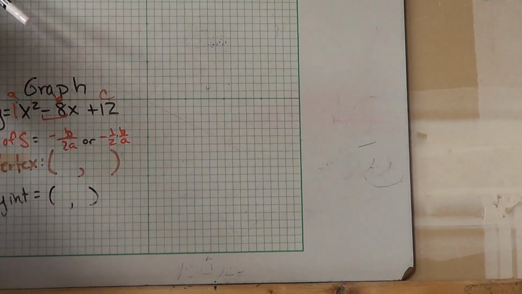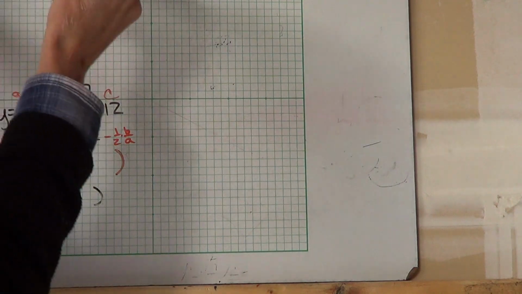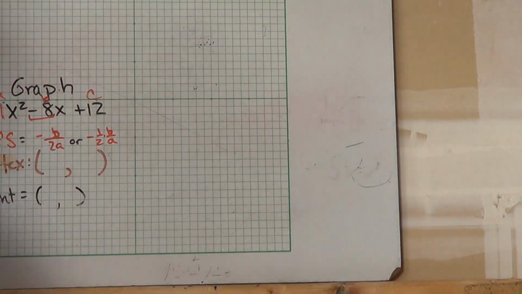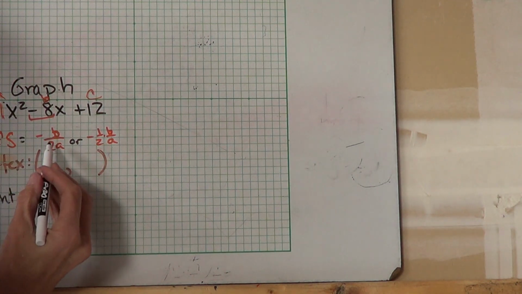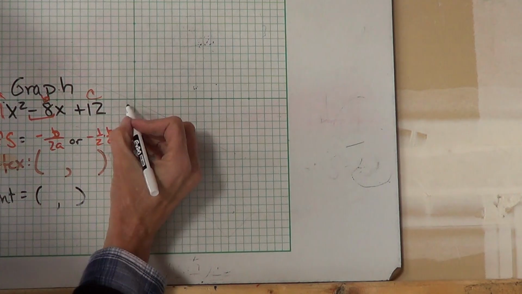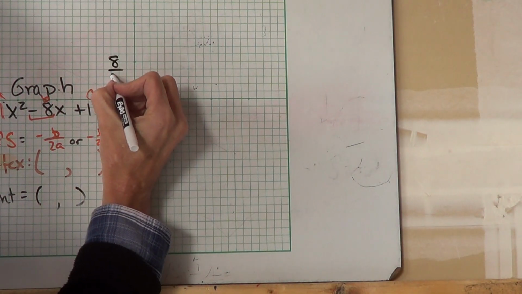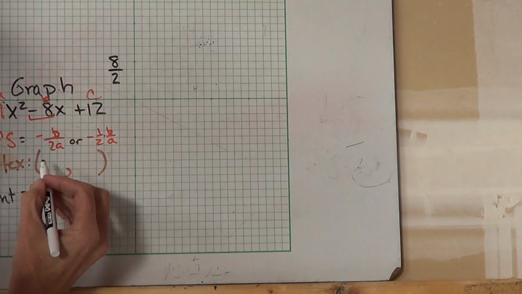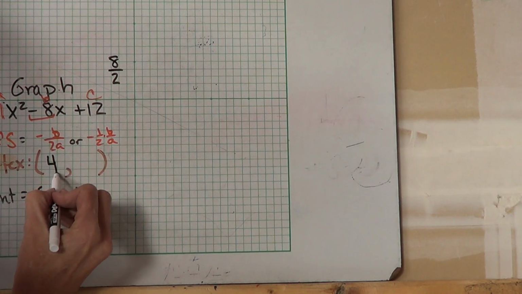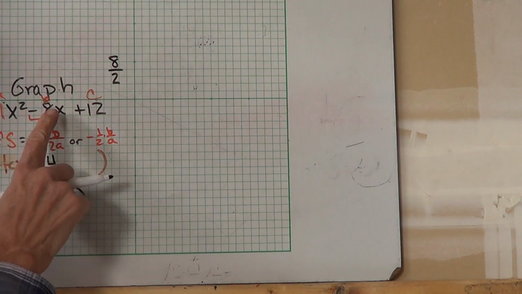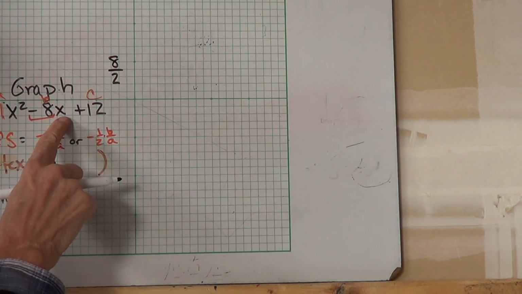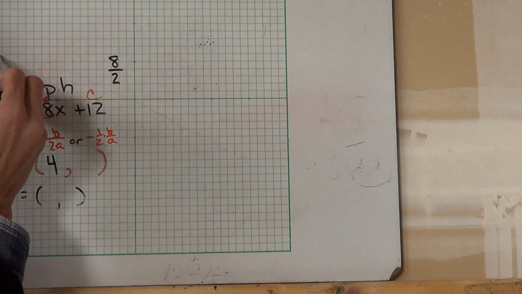Okay? So, to graph in standard, you'd go the axis of symmetry, negative b over 2a, negative 8 would be a positive 8 over 2 times 1, which is 2, 8 divided by 2 is 4. Now you would plug that value in. 4 squared is 16. 8 times 4 is 32, so 16 minus 32.